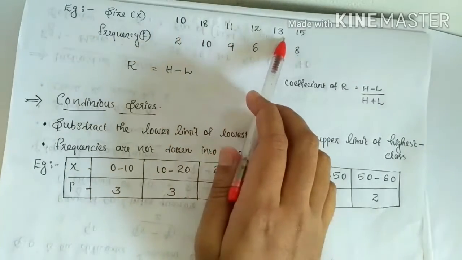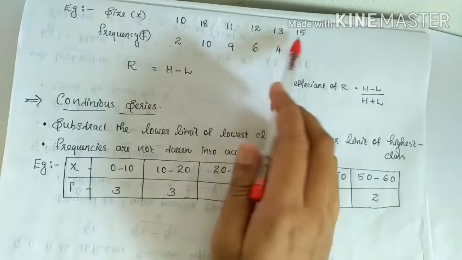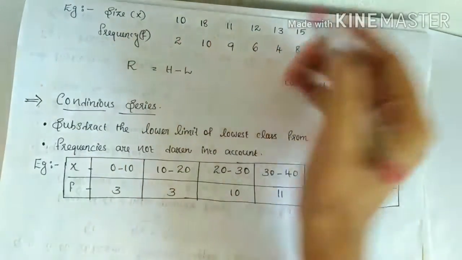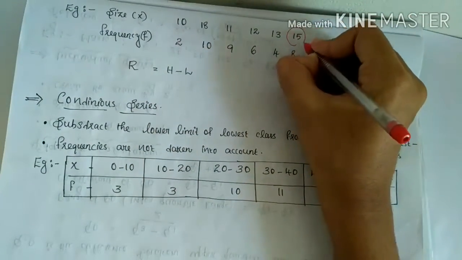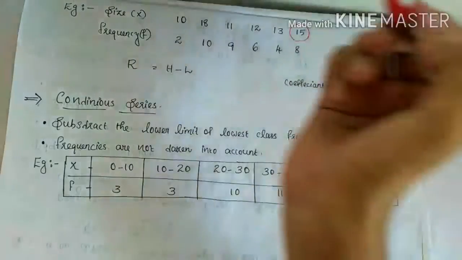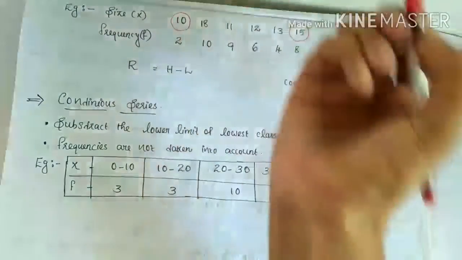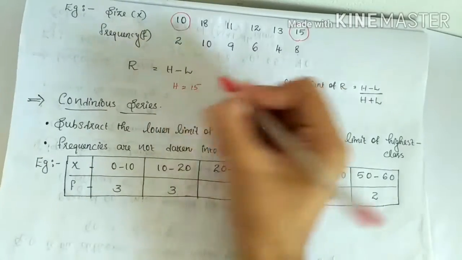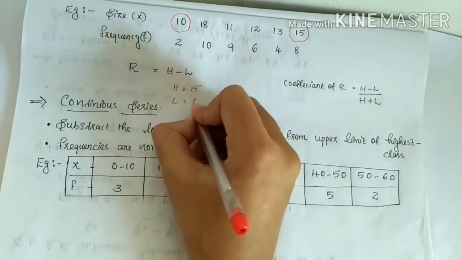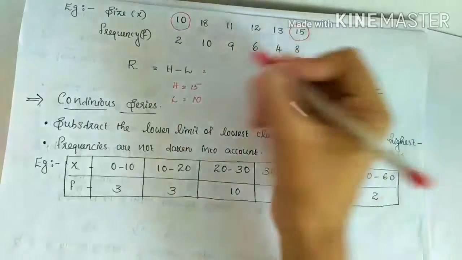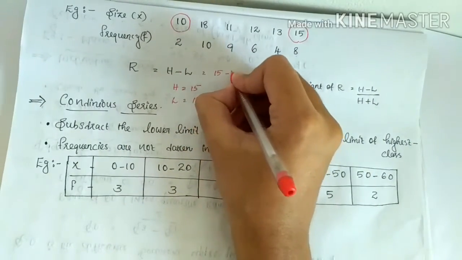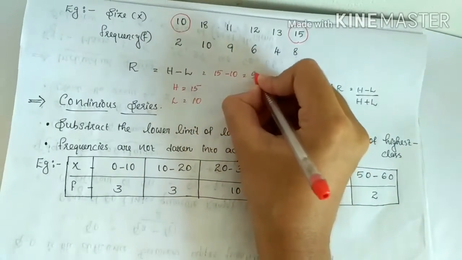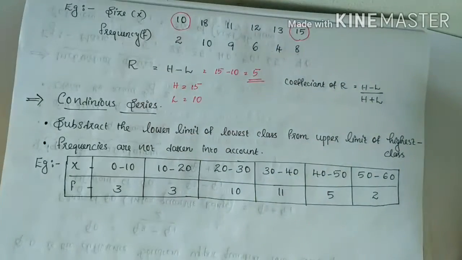In this x column, which one is the highest value? In this x column, 15 is the highest value and 10 is the lowest value. So H is equal to 15 and L is equal to 10. Then apply the equation, that is 15 minus 10. The 5 is the value of range.